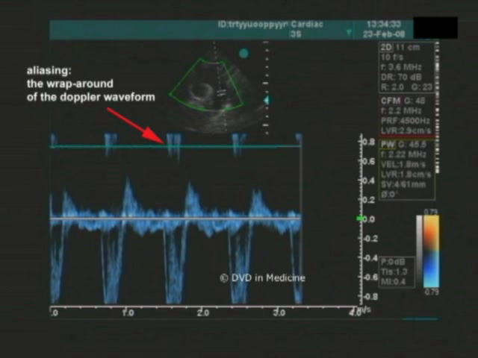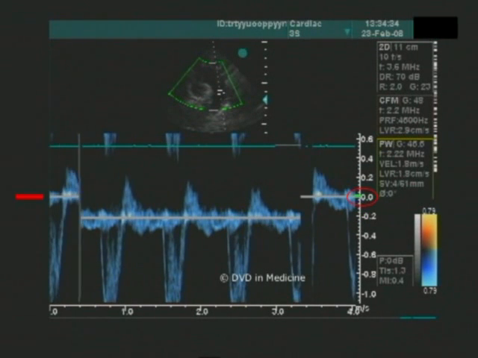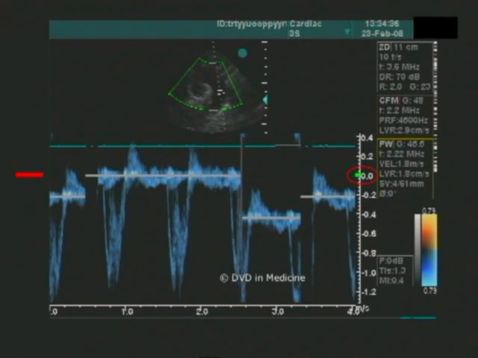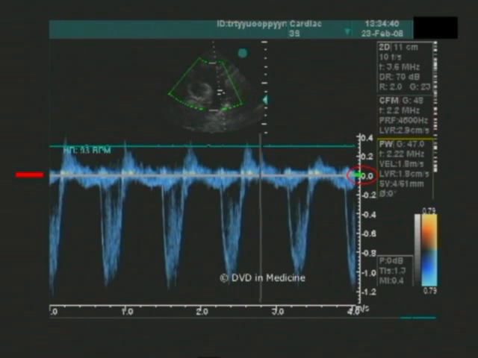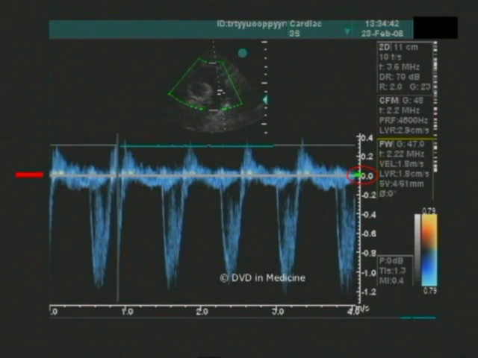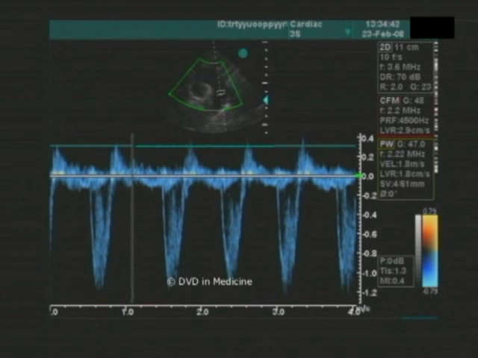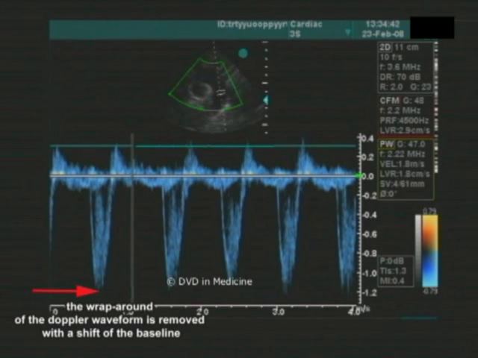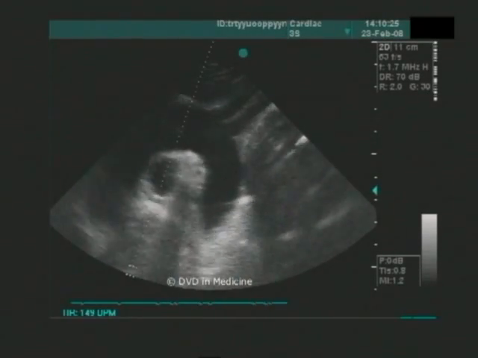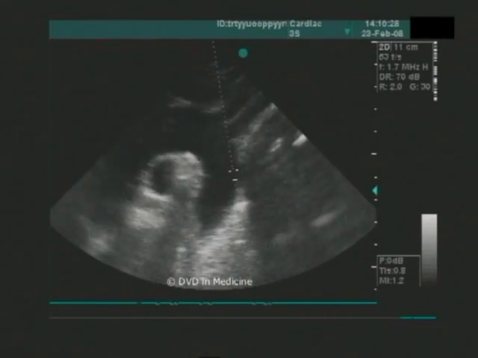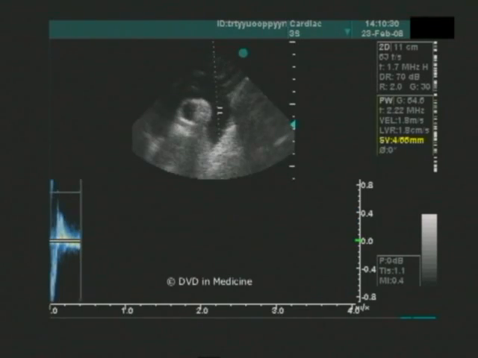One way of removing the aliasing is to perform the corresponding shift of the baseline. Another approach to removing the aliasing is to correct the velocity scale by increasing the pulse repetition frequency.